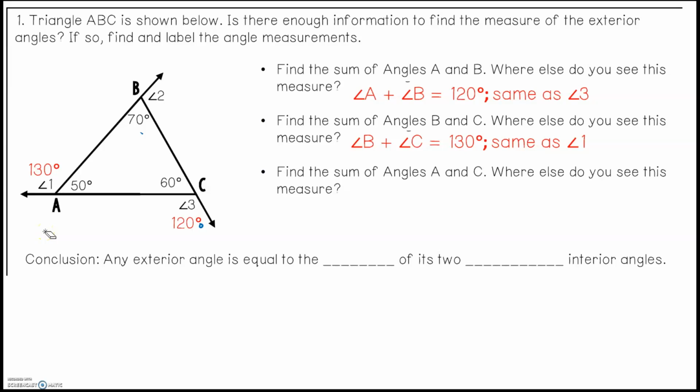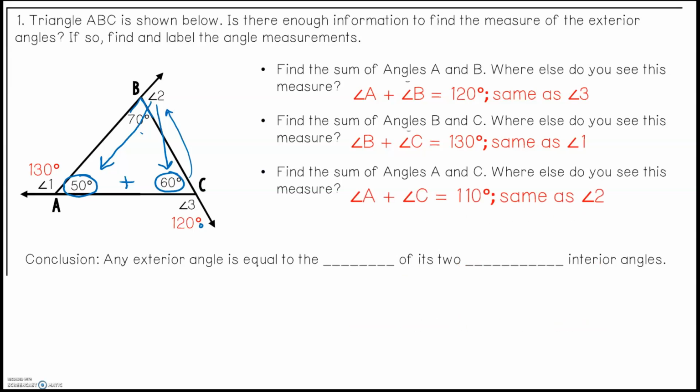Then last but not least, we're going to do angles A and C. And these are in the corners opposite from angle 2. Angle 2 is outside of this triangle, so it is exterior. And its angle measure is equal to the sum of the two angles inside the triangle that are opposite from it. Okay, so if I add the 50 and the 60, that will give me the measure of angle 2.